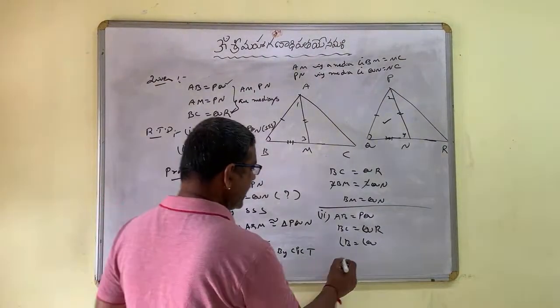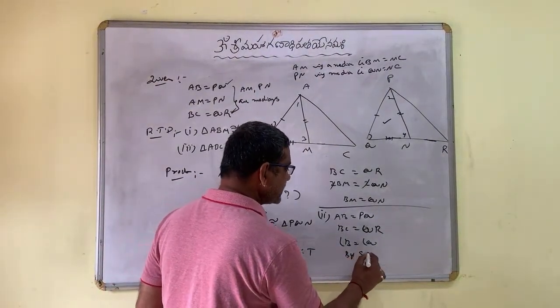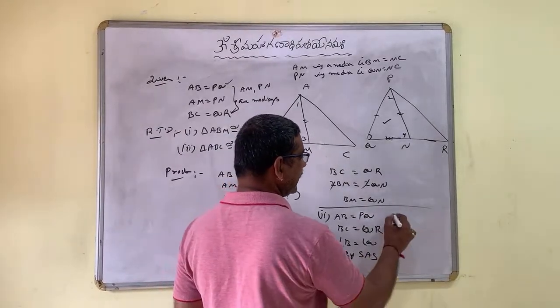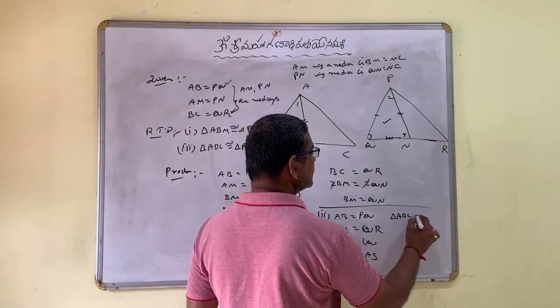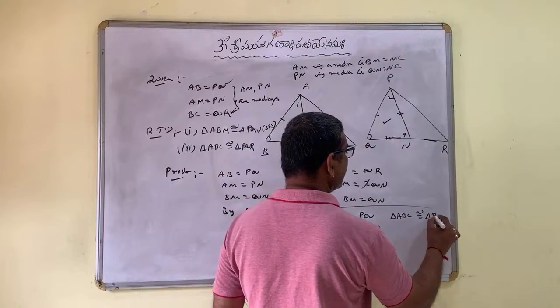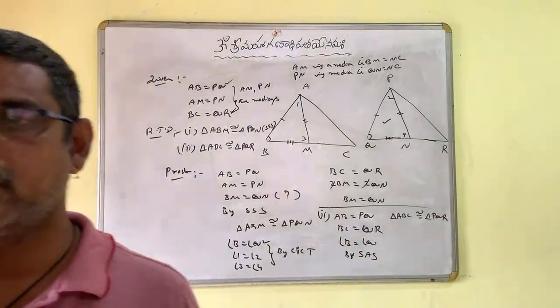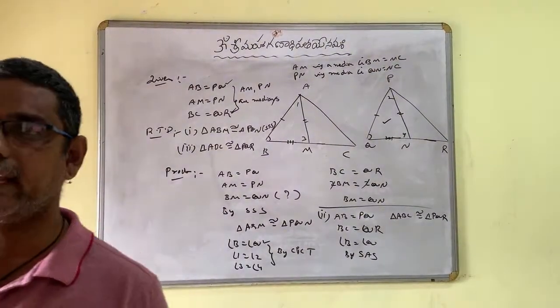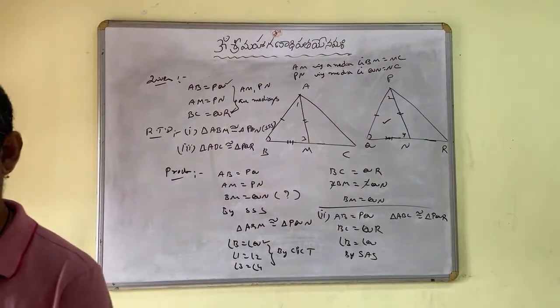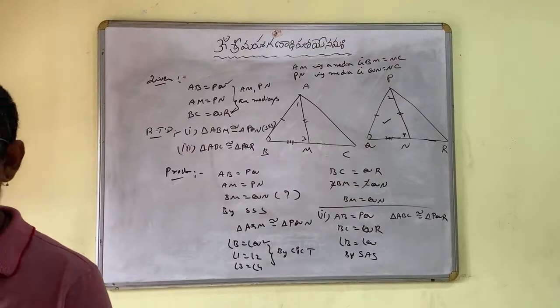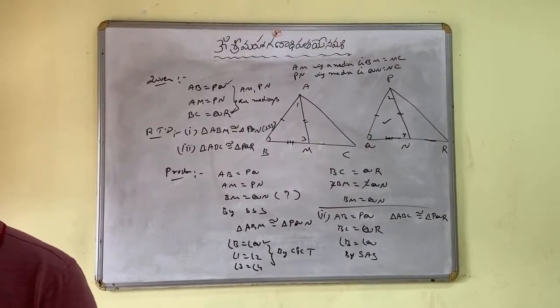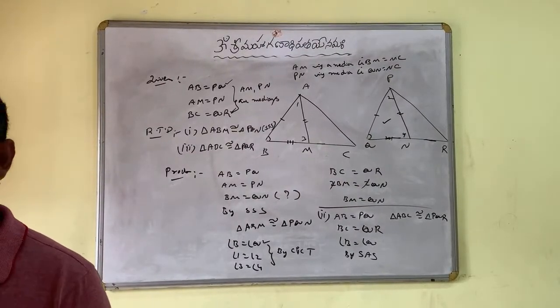So, by SAS congruency criteria, triangle ABC is congruent to triangle PQR.